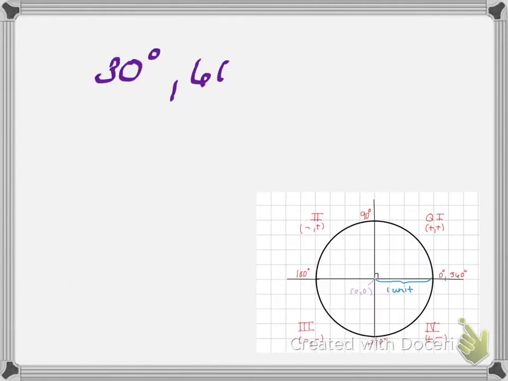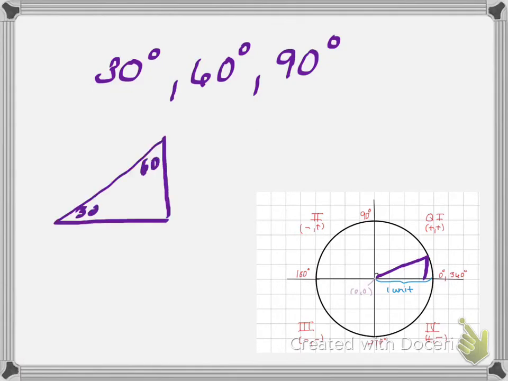The other triangle is 30, 60, 90. I've inscribed it there, and the side opposite 30 degrees is 1/2. The side opposite 60 degrees is the square root of 3 over 2, and of course that's when the radius is 1.